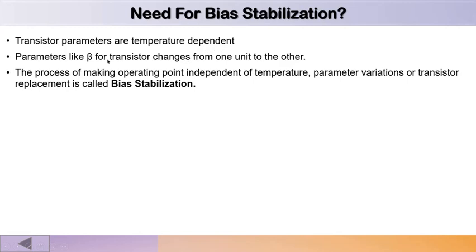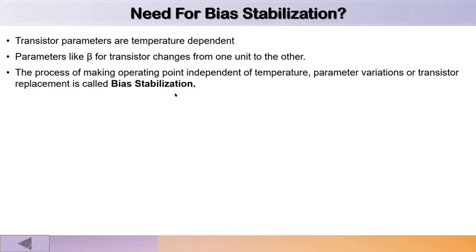That is, parameters like beta for a transistor change from one unit to another. So we need bias stabilization for fixing the Q point. Bias stabilization is the process of making the operating point independent of temperature, parameter variations, and transistor replacement.